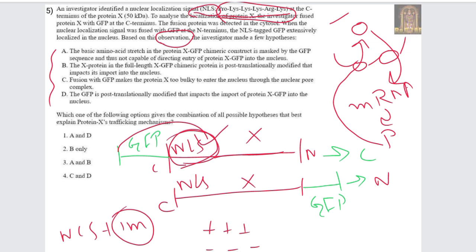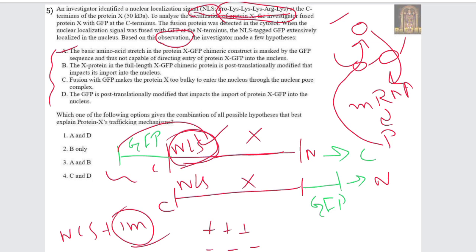To make the interaction between the NLS and the importin, the NLS portion should stay on the outside of the protein structure; if it is inside, it will not be detected. So the GFP might be masking the NLS sequence, so it is not able to reach the surface area and the importin is not able to detect it. So it might be a right option.